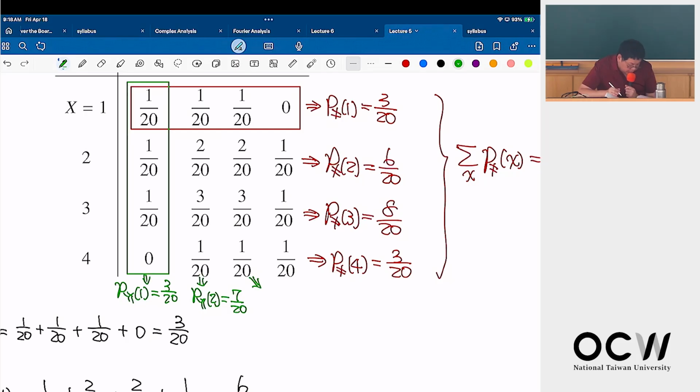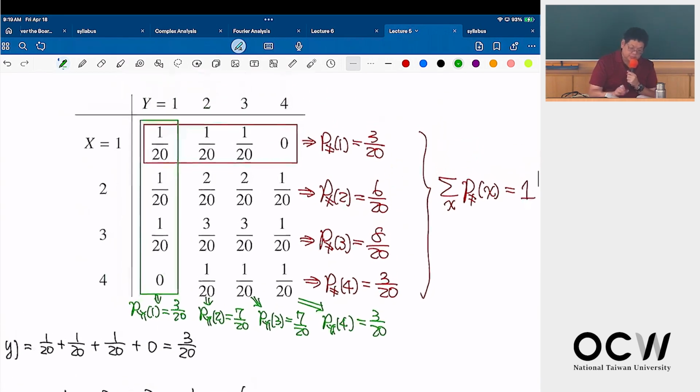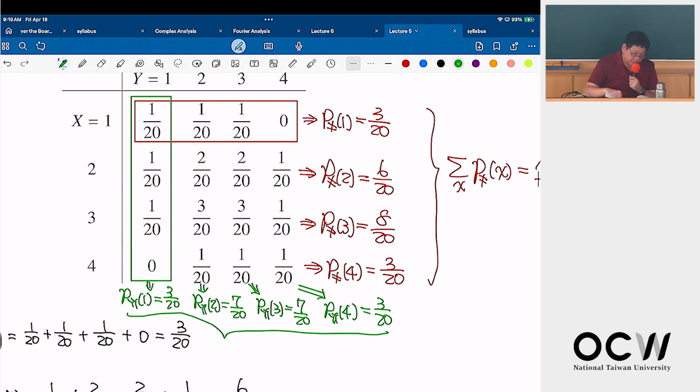And the third column, marginal PMF of y at 3. That's 7 over 20. And the last one, fourth column, marginal PMF of y at 4. That's 3 over 20. And overall, this summation is also 1. Right, from the properties of the PMF.